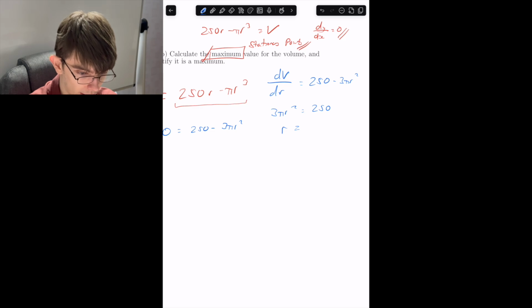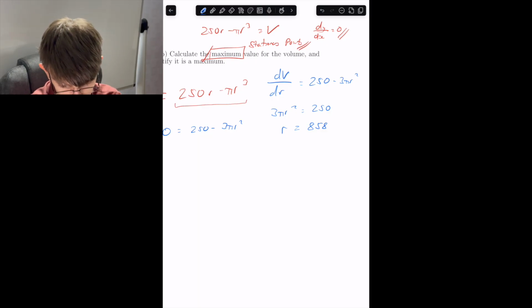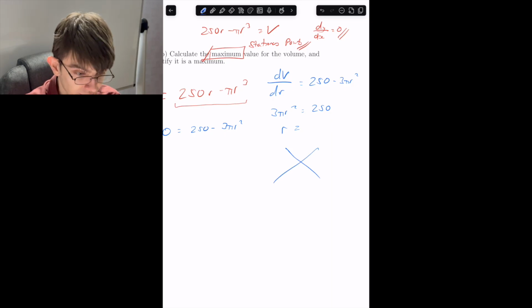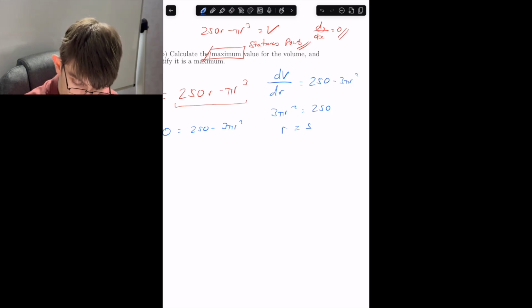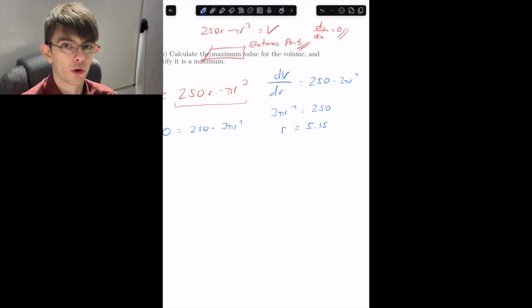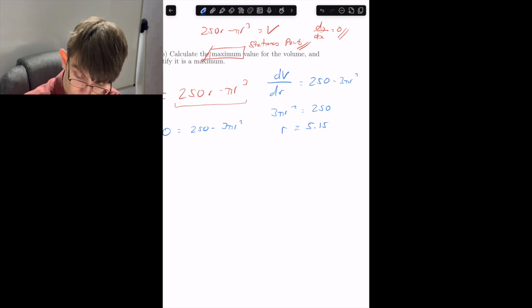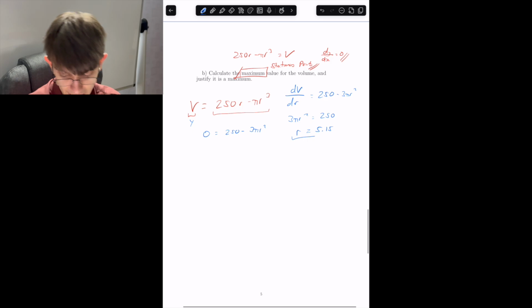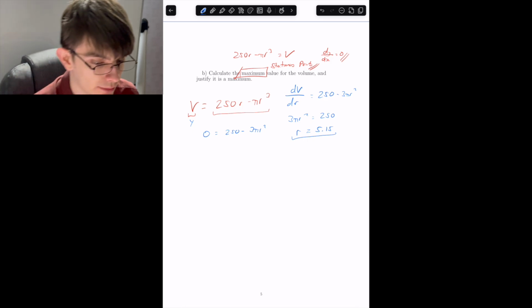But if you do that, unless my earlier calculations were incorrect, you should get a value of 5.15. So we have our r as that. That is the radius at the maximum point.